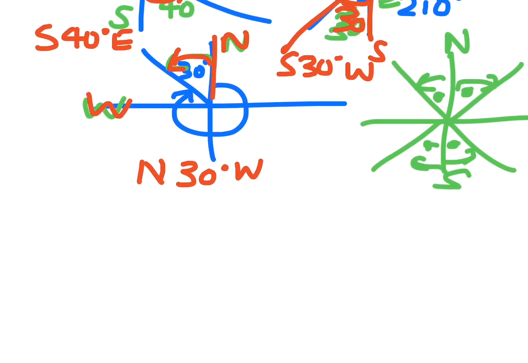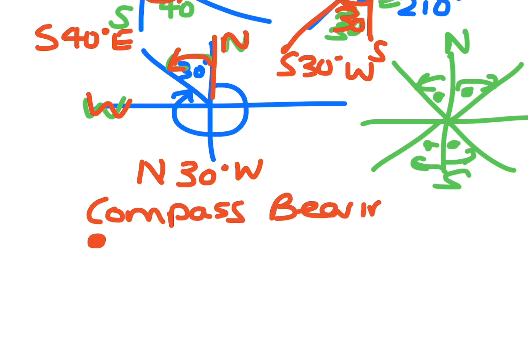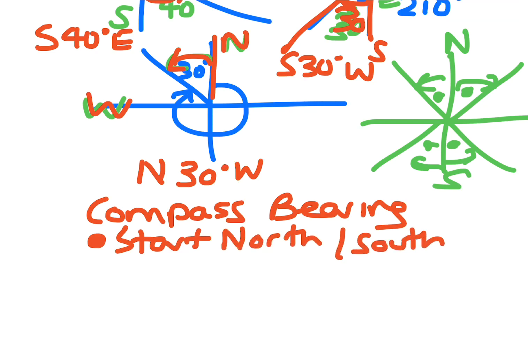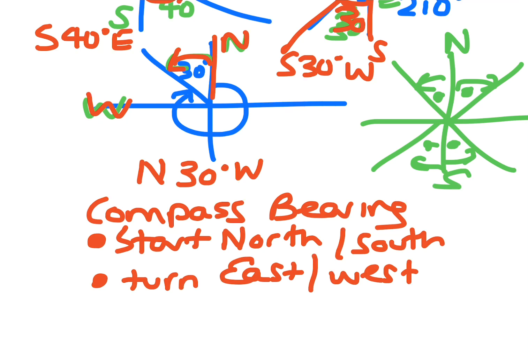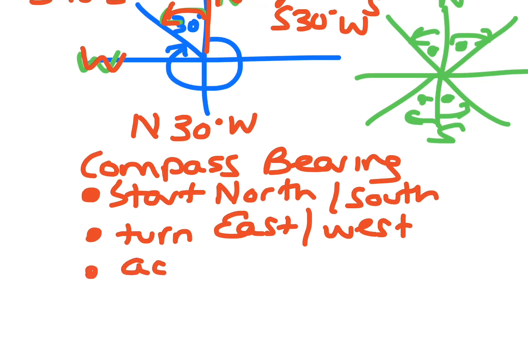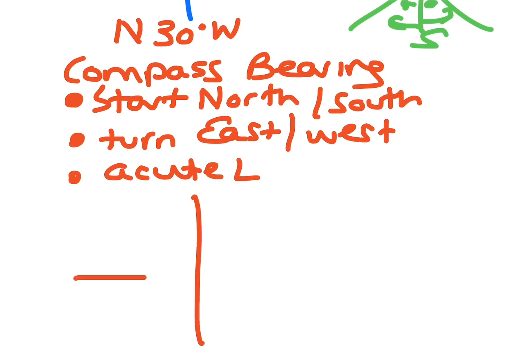Okay, so just be wary with compass bearings. You might want to write this down. You always start at north or south, and then you turn east or west. Your angle is always an acute angle as opposed to an obtuse angle.